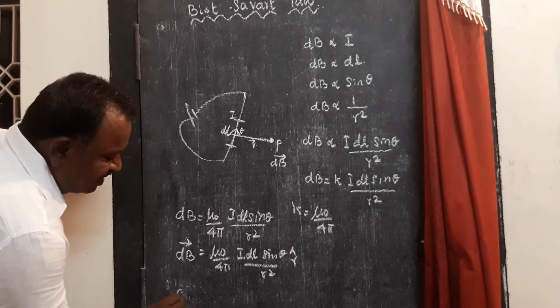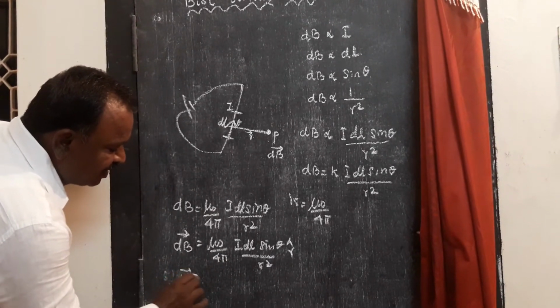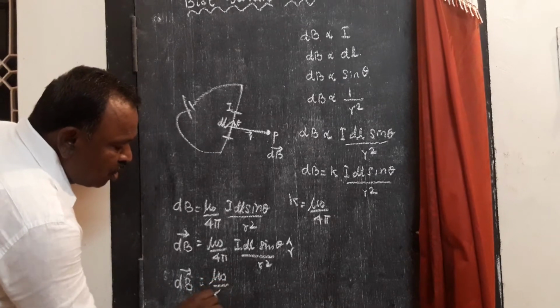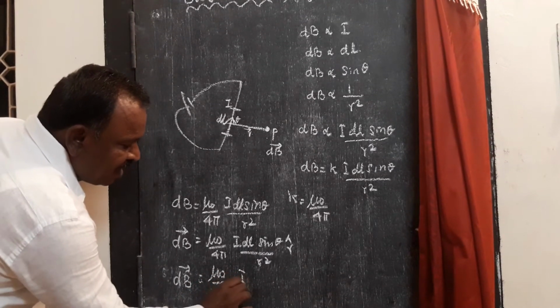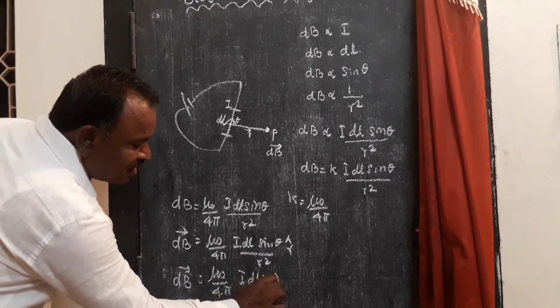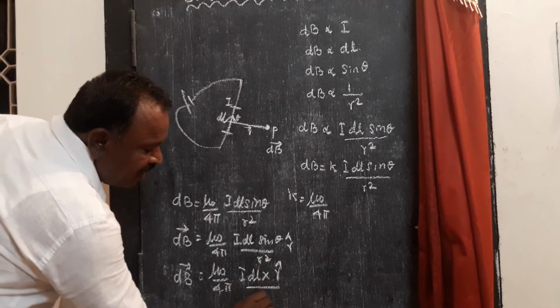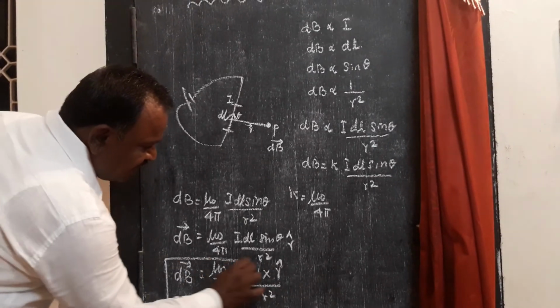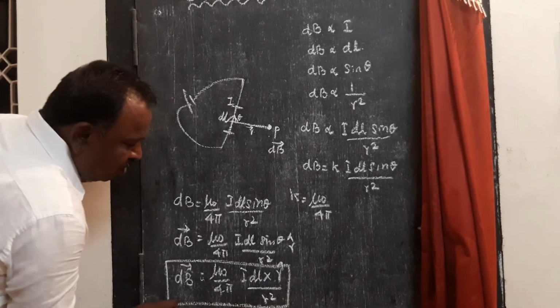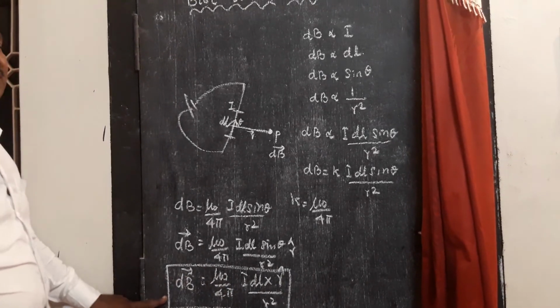So in the vector form, we can write dB vector is equal to mu naught by 4 pi, I dl sine theta by r square into r cap, where r cap is the unit position vector. In the vector form, dB vector is equal to mu naught by 4 pi, I dl cross r cap by r square. This expression is called Biot-Savart's law.